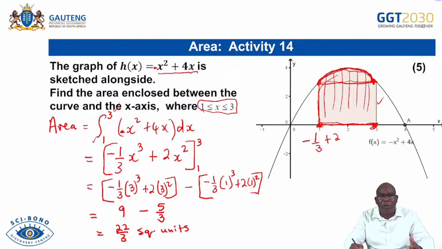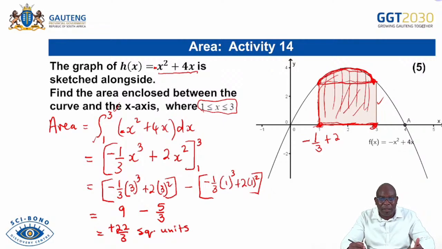Remember, now I'm working with the area. And the area is never negative, but we say the area is above the x-axis or below the x-axis. So if I get a negative, it means that is the area below the x-axis. If I get a positive, I know that is the area above the x-axis. In this case, I got a positive value, which means that is the area above the x-axis.